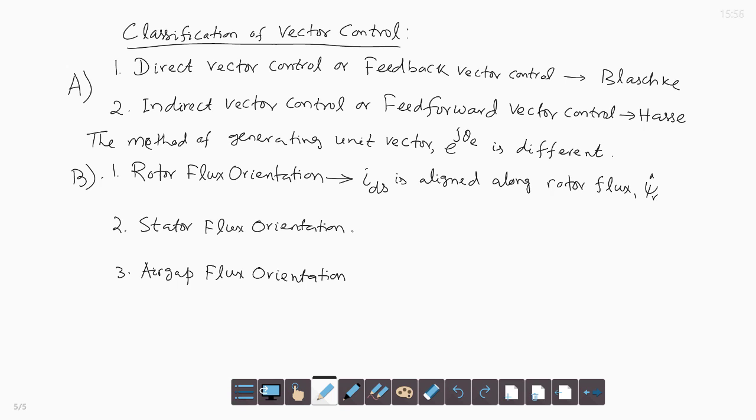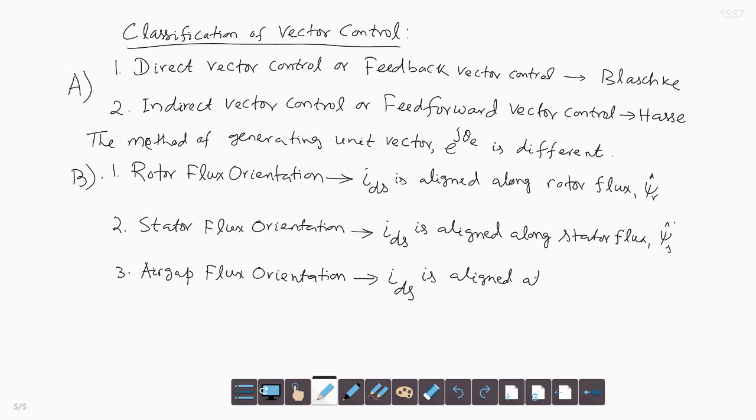In stator flux orientation, IDS is aligned along the stator flux psi s hat. In air gap flux orientation, IDS is aligned along the air gap flux psi m.